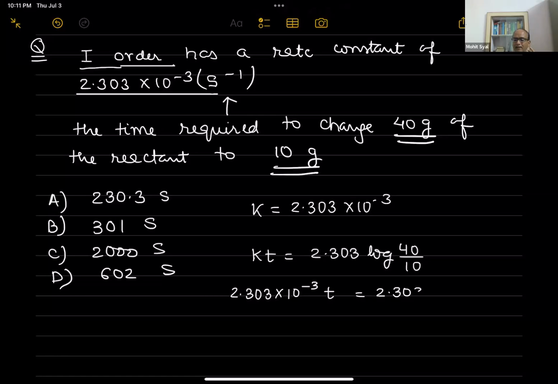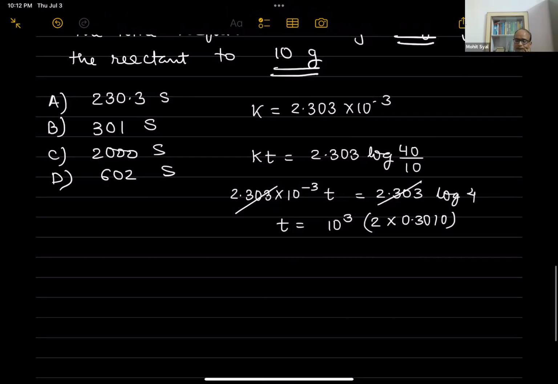It is getting cancelled very easily. Yeah, Ibrahim, so this will get cancelled. Okay, and the time is 10 to the power 3 into log 4. Log 4 is 2 log 2. Log 2 is 0.3. Got it? So it is going to be 602 seconds.